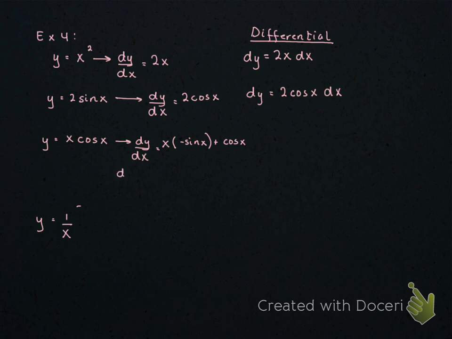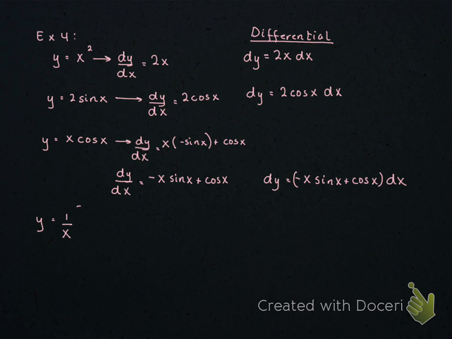So dy dx is equal to negative x sine x plus cosine of x. And then the differential is dy equals negative x sine x plus cosine x dx.